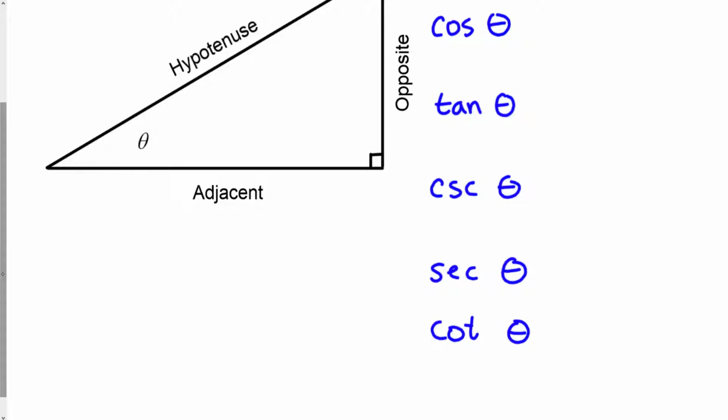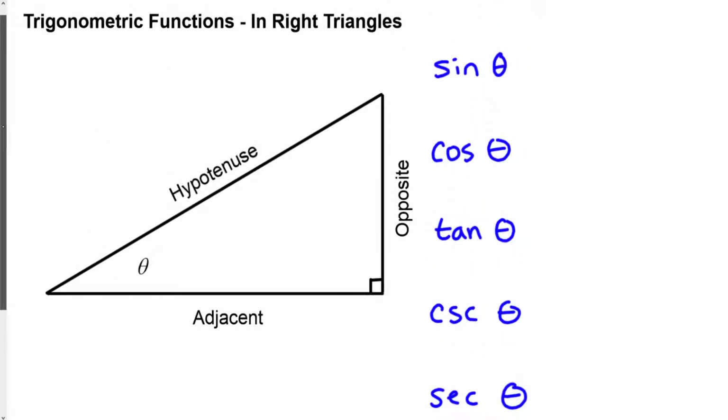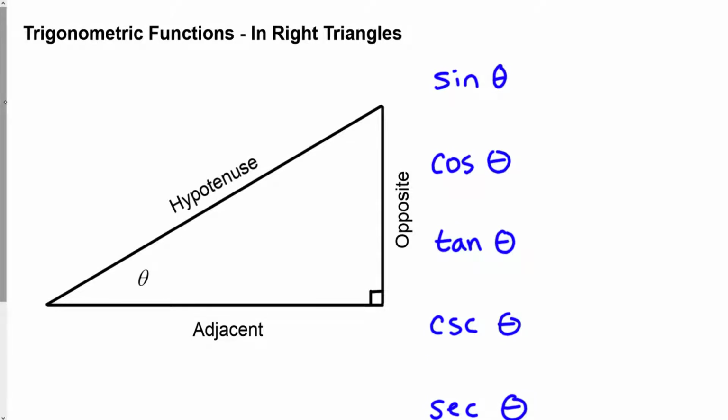Before we get into those, let's talk about the main three: sine, cosine, and tangent. So sine of your observed angle is just the ratio of the sides opposite over hypotenuse. So the sine is just the ratio of sides of the triangle for that given angle measure.